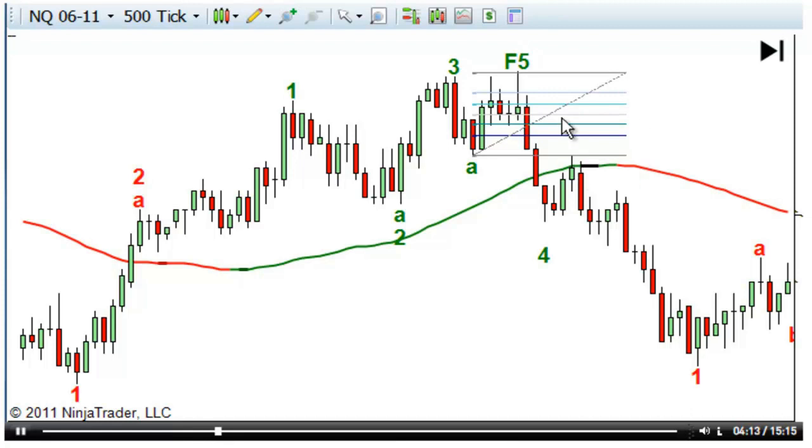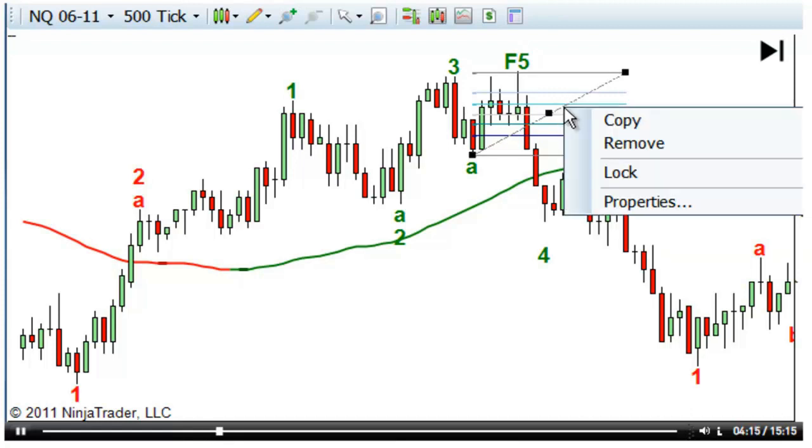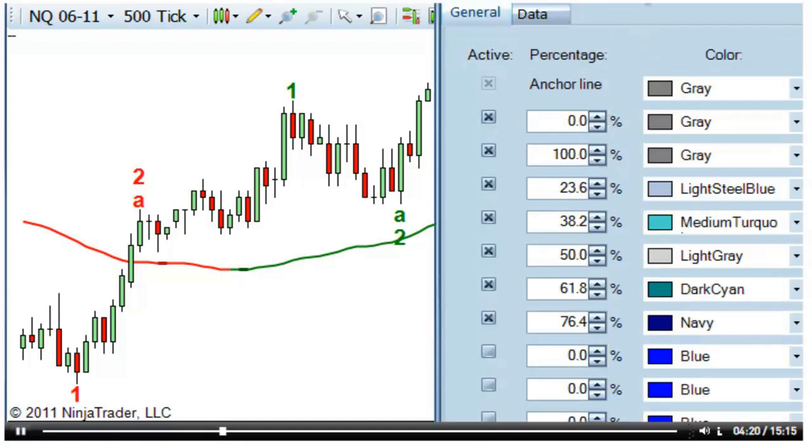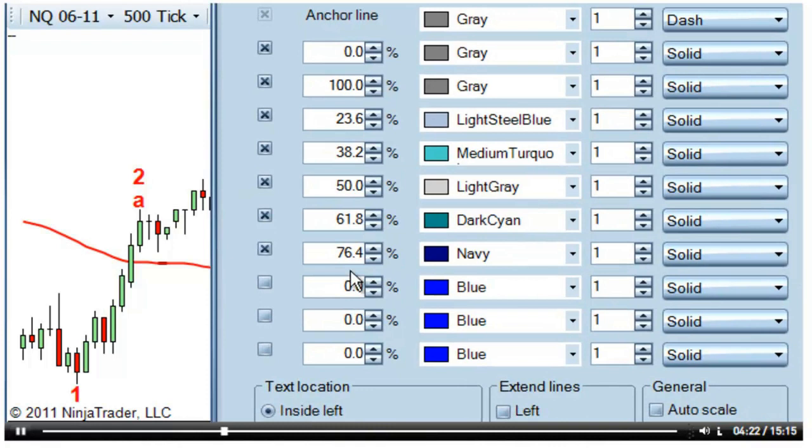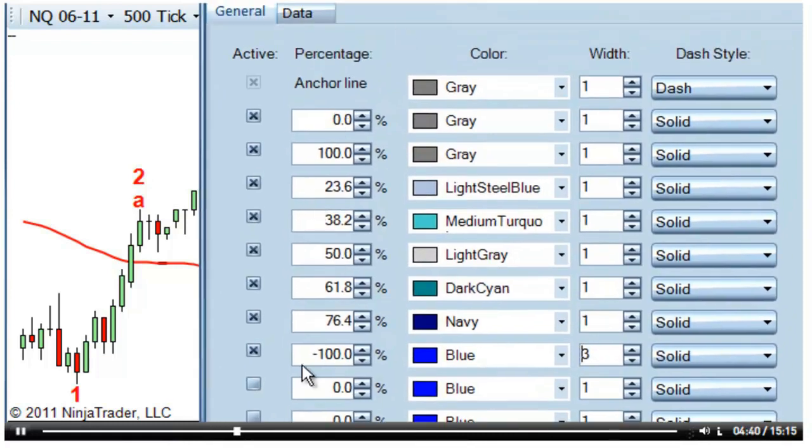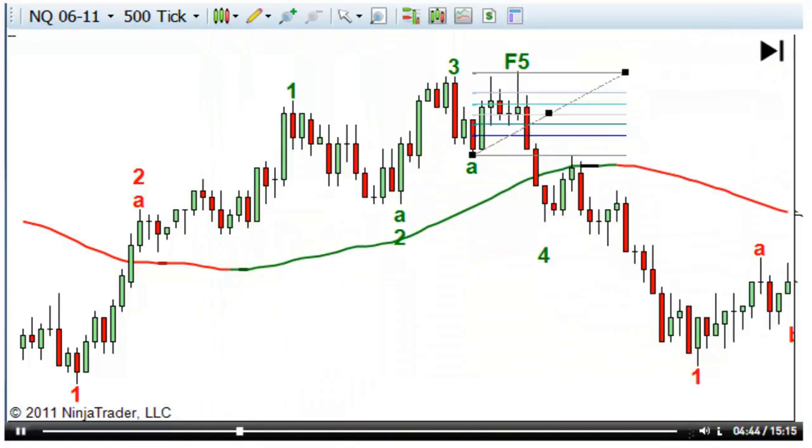Now, what you need to do is pre-configure this so that you have one of these levels listed as negative 100%. Okay, we'll keep it blue, make it a little bigger. Negative 100%. So you put a negative 100% line in there, and then you save that.